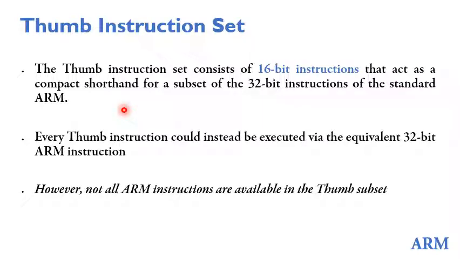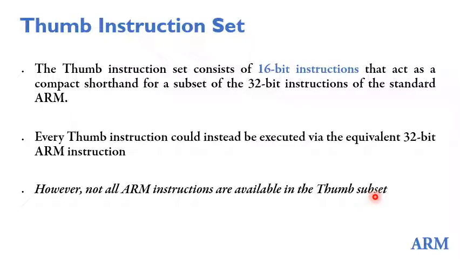It consists of commonly used instructions like move, load, store, and some ALU operations, all required for a typical application. In fact, for every thumb instruction, there is an equivalent 32-bit ARM instruction. However, not all ARM instructions are available in the thumb subset.